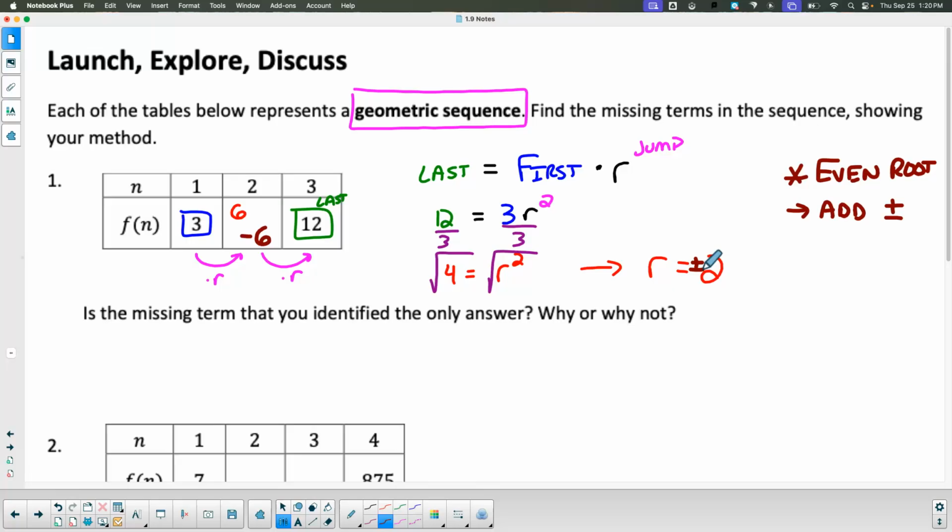Okay? So if we're taking an even root, a square root, because that's the 2nd root, a 4th root, a 6th root, an 8th root, anytime that's an even power, we're taking that root, we have to add in that plus or minus, because that also then works. Okay?